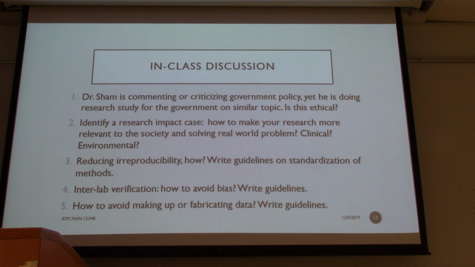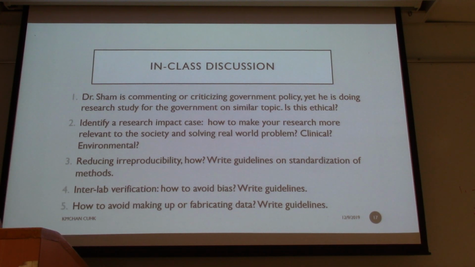Could you write some guideline on standardizations or method, making sure that all the published data are reproducible? Like in my lab, I usually ask my summer student to repeat somebody else's work done previously, to see whether different hands get the same results.